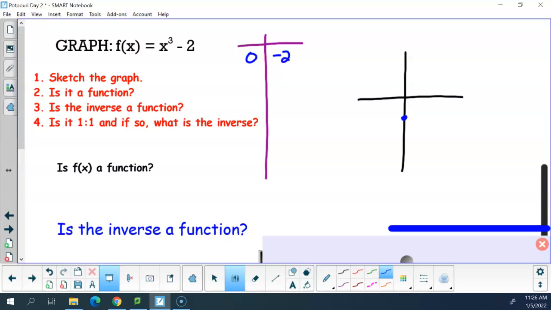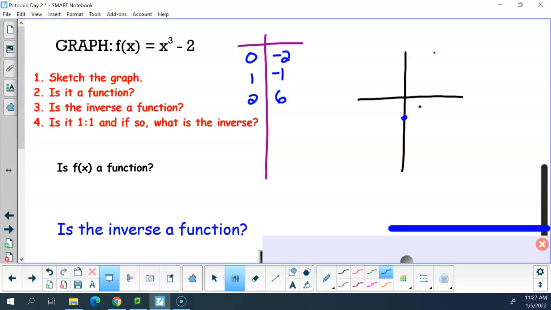Okay, so now we have to figure out what the rest of these look like. So what do we have to do? Plug in numbers. So 1 cubed is 1, minus 2 is -1. Keep going. 0 minus 2 is -2. And then that one is 8, so 8 minus 2 is 6.